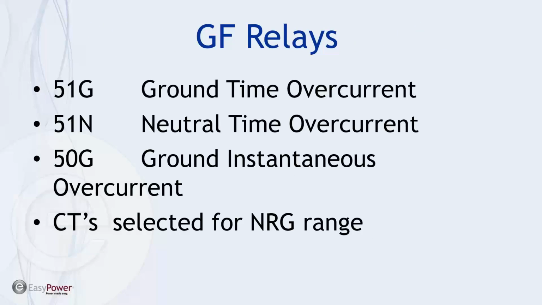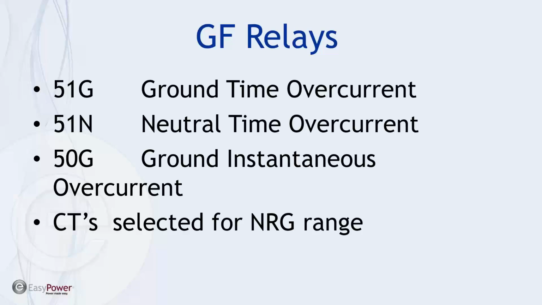Generally, in a relay and breaker nomenclature, the ground time overcurrent and neutral time overcurrent are optional, available options. Instantaneous overcurrent, again, can be used as a last line of defense when you know what the fault currents in the low voltage section can be.